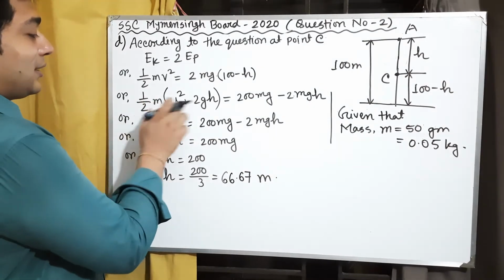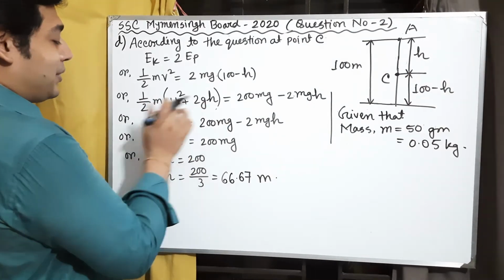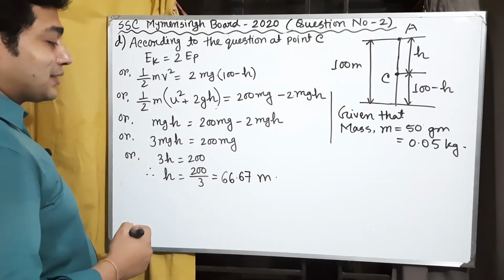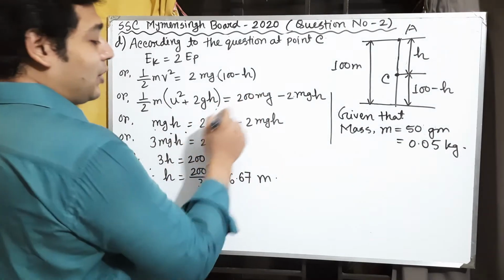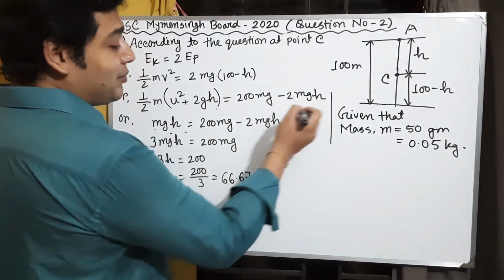Multiplying, the 2 and 2 cancel, so we have mgh equals 200 mg minus 2 mgh.